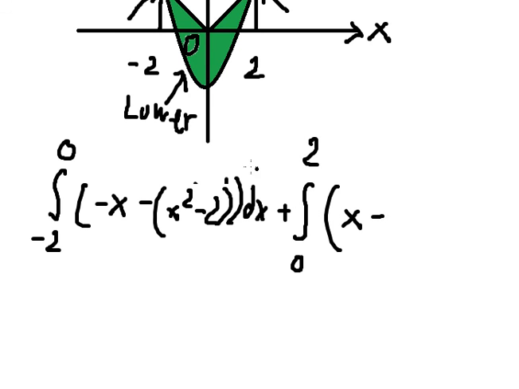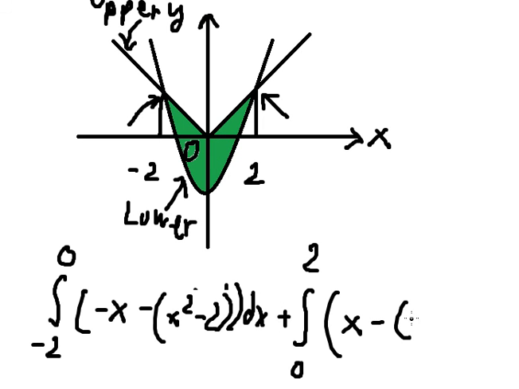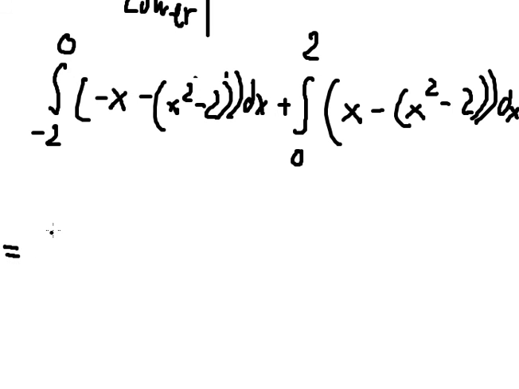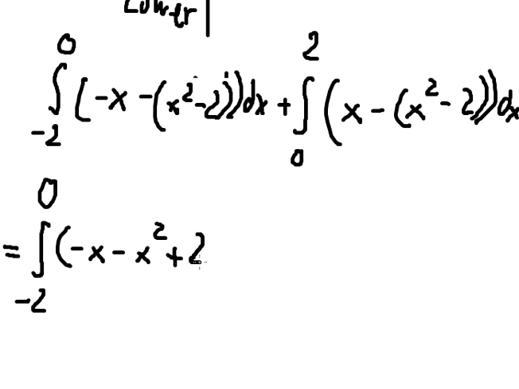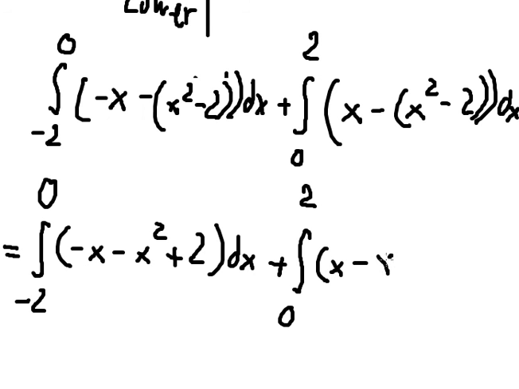The lower is this one. So negative x squared, negative and negative, we have positive 2. This one we have negative x squared plus 2.